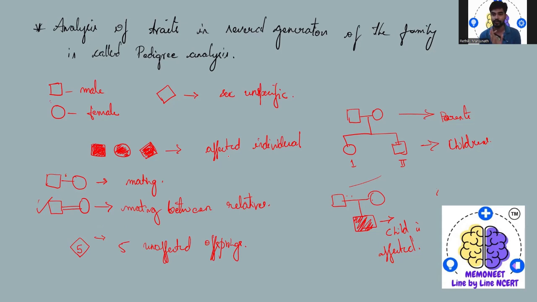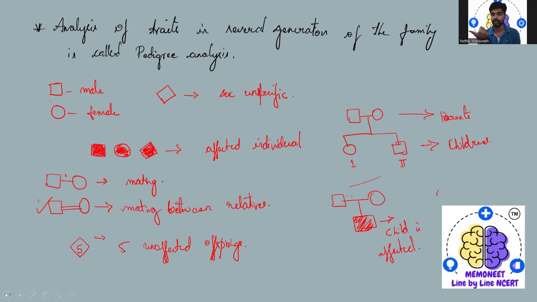Based on the symbol itself, you have to identify what kind of disease, what kind of mutation it is. If you are not perfect with the symbols, you will be unable to identify even the kind of disease or mutation they're going through. Each feature of an organism is controlled by a gene, as we learned during mutation.